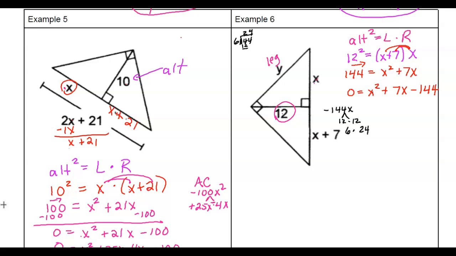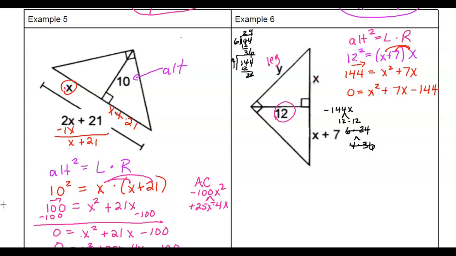How about 4? So if we divide 144 by 4, I would get 36. Well, I could add to get 40 and subtract to get 32. So those factors don't work.